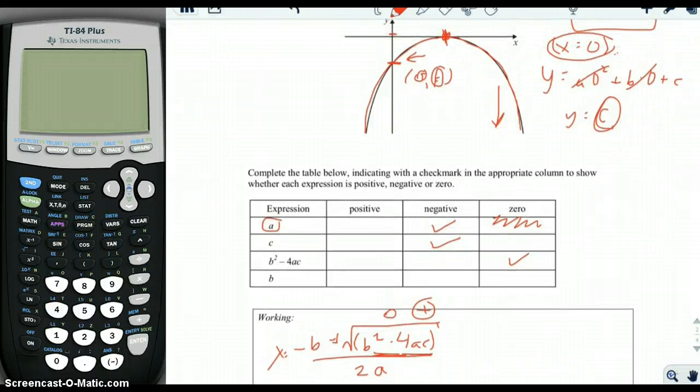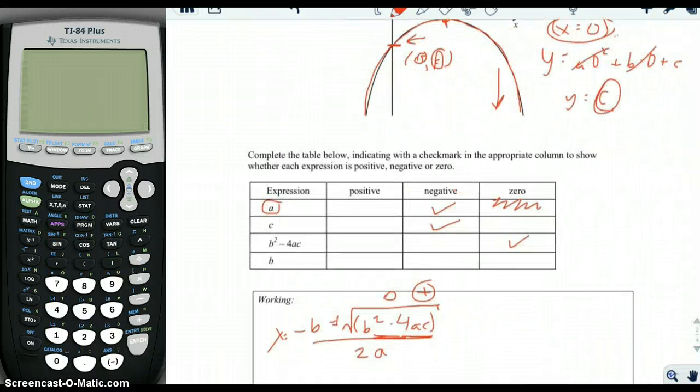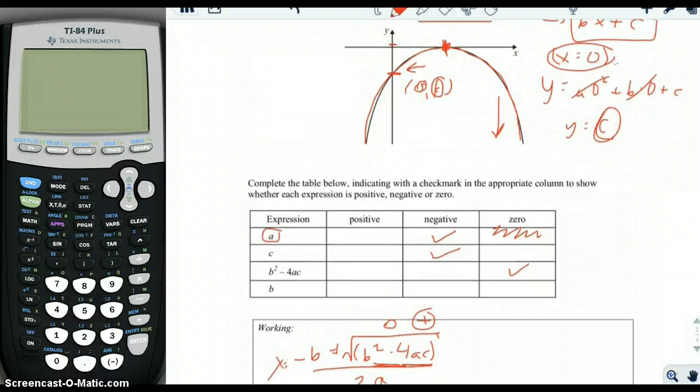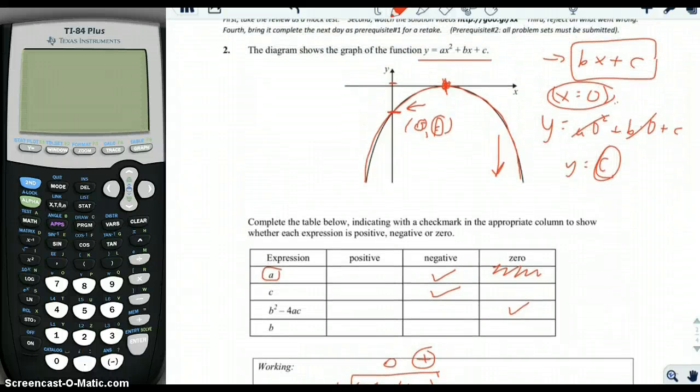If you remember, the b together with a tells us where the axis of symmetry is. And in this case, the axis of symmetry is a positive number. It would be, let's say it's like x equals 7 or something like that. We don't know what it is, but it's x equals some positive number.